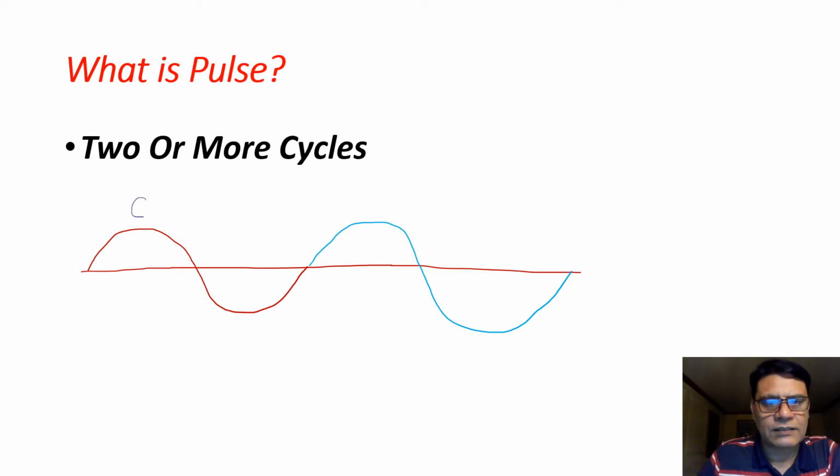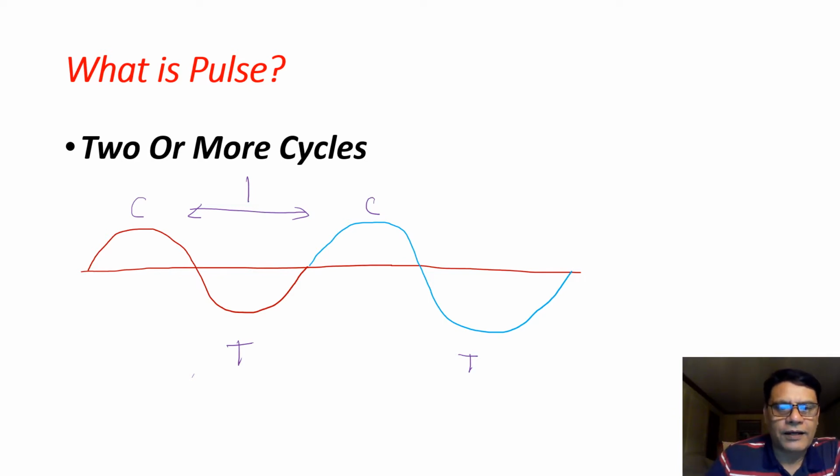It has crest, trough, and the next crest. The distance between the two crests is called wavelength, and wavelength is represented by the Greek letter lambda. And the distance between two troughs is also called a wavelength.